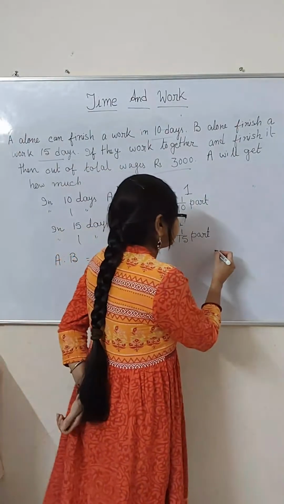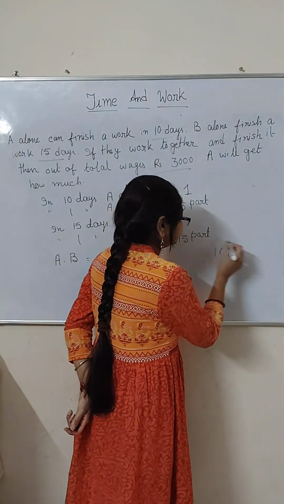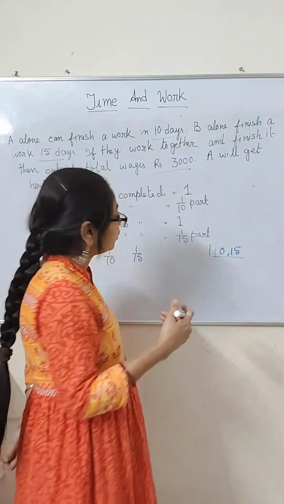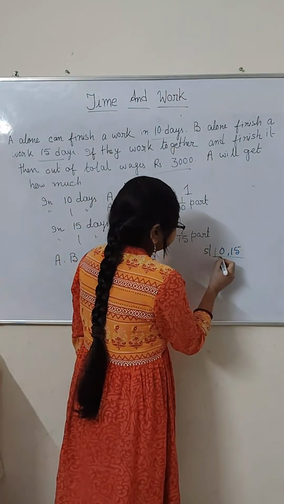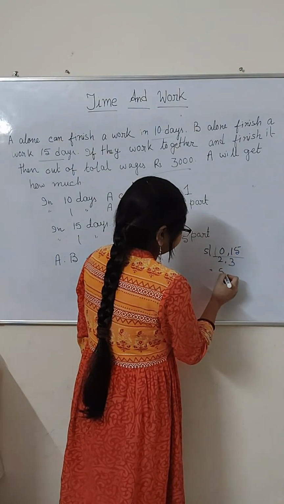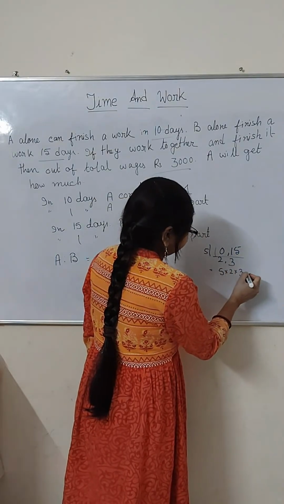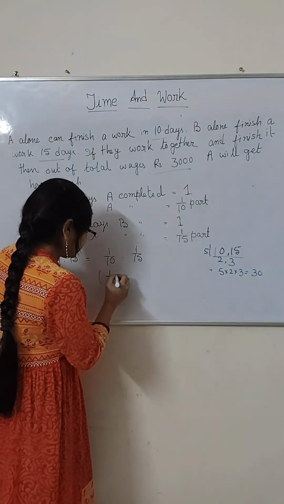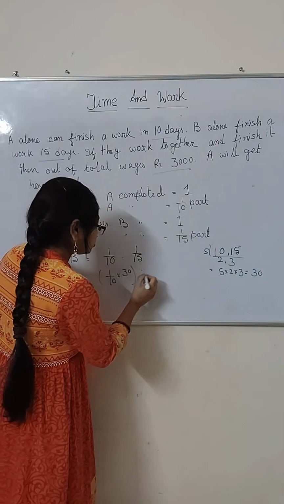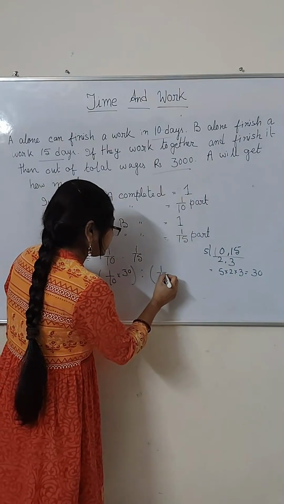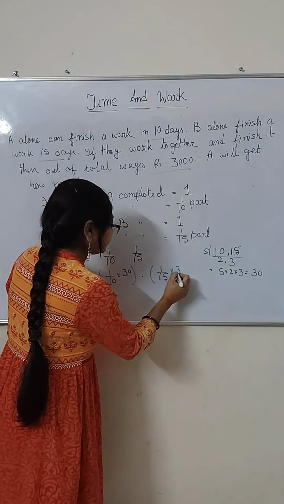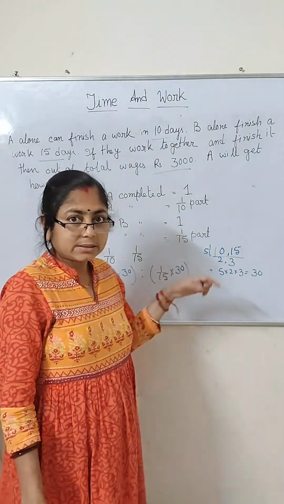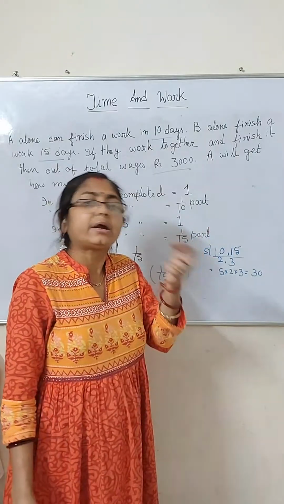तो first 10, 15 का LCM find out करो. It is a fraction, so I remove the fraction part. Okay? 30. 1/10 into 30 is to 1/15 into 30. Why I need this one? Because the ratio is coming. In 1 day what they are doing, their working ratio is coming.